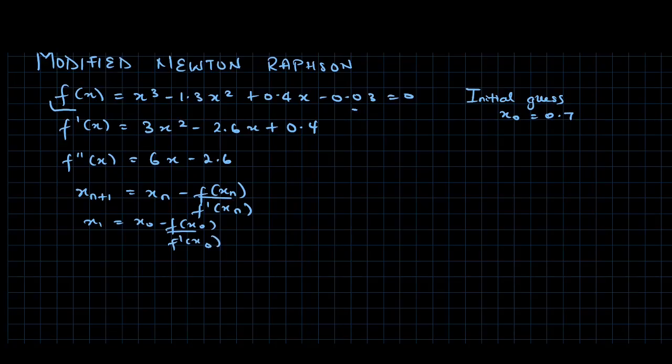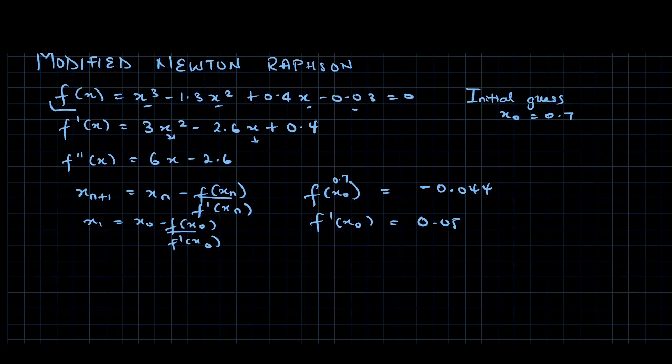So x0 is 0.7, so f of x0 is f of 0.7. Basically put 0.7 into the x you find here. That's going to give you minus 0.044. And then f bar of x0 is going to give you 0.05.